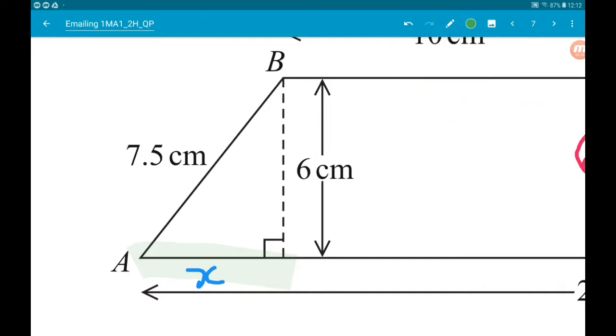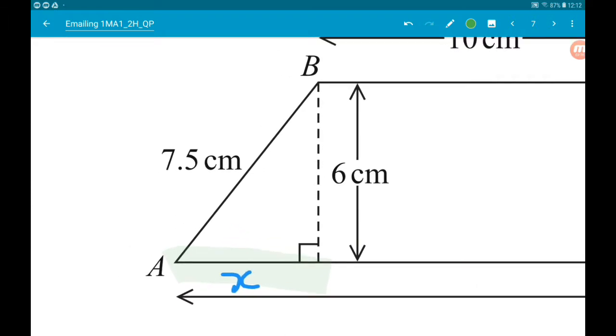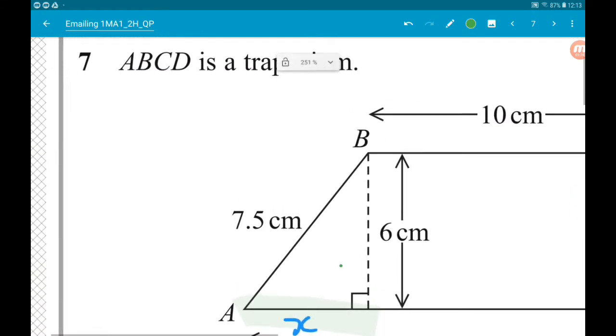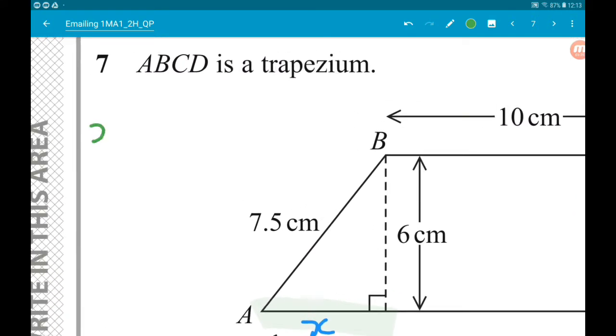using Pythagoras. So we know by Pythagoras that x squared add 6 squared is equal to 7.5 squared.